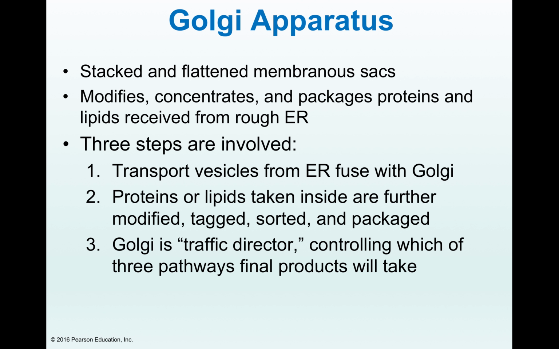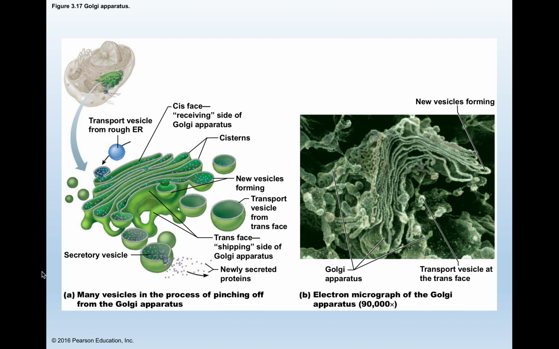Your Golgi apparatus then sends that package as a separate vesicle to any place where that protein or lipid is required. Here's a picture of the Golgi apparatus and the process I'm describing. This is a vesicle coming from your endoplasmic reticulum. You see it being merged with your Golgi apparatus. It goes through the Golgi apparatus and eventually comes off as individual vesicles you see right here.